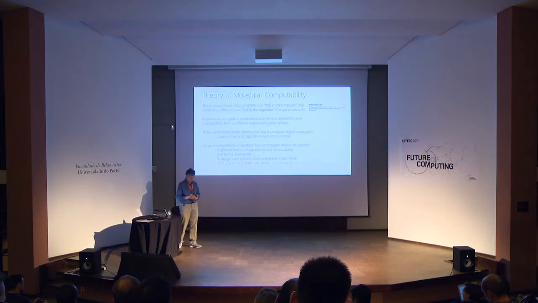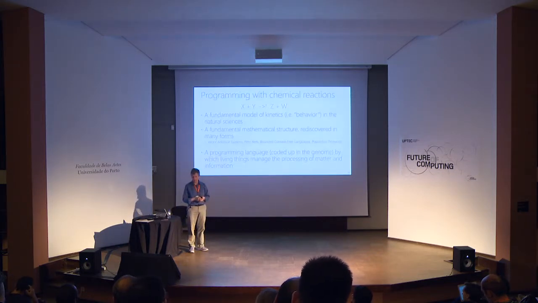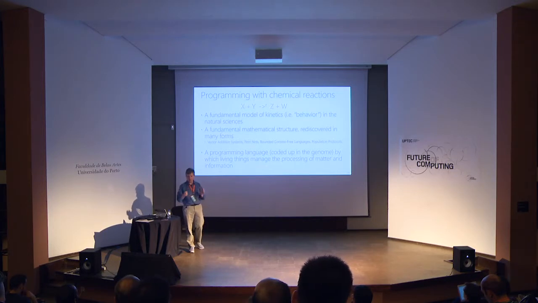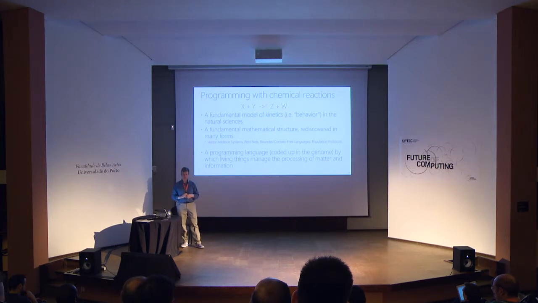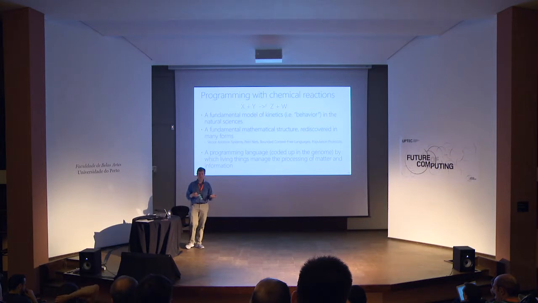You need to simplify a bit to try to get a handle on these problems. One of the simplifying steps you can take is to say, okay, biology looks like just a bunch of chemical reactions. We can assume that is, to some degree, more or less true. So the question now becomes, what can you compute with just chemical reactions? Can you do a lot? Can you do a little?